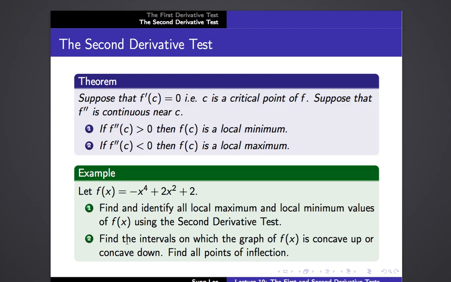The second question is to find the intervals on which the graph of f of x is concave up or concave down, and also find all points of inflection, points on the graph where concavity changes from concave up to down or the other way around.